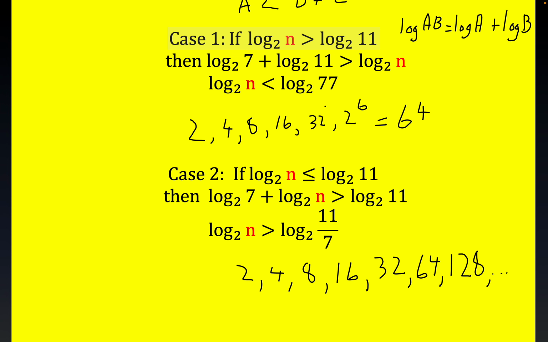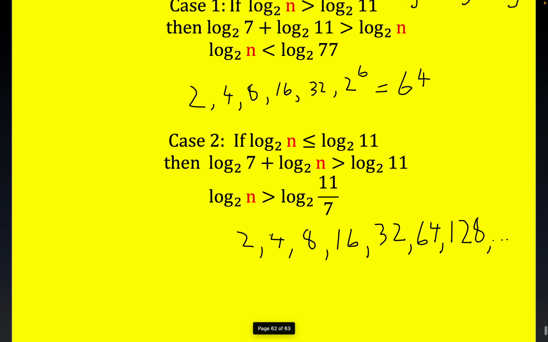So again, these lists look quite similar, but this one has 64 as its largest element. 64 is the largest power of 2 that satisfies this inequality, whereas right here, we share a lot of common elements, but powers of 2 larger than 64 satisfy this inequality. So what do we do?